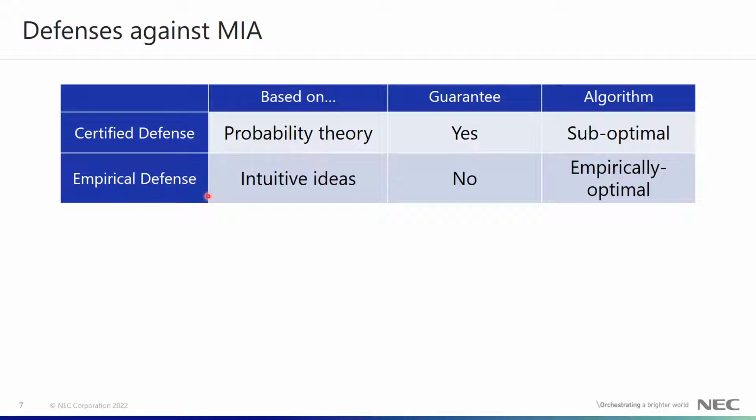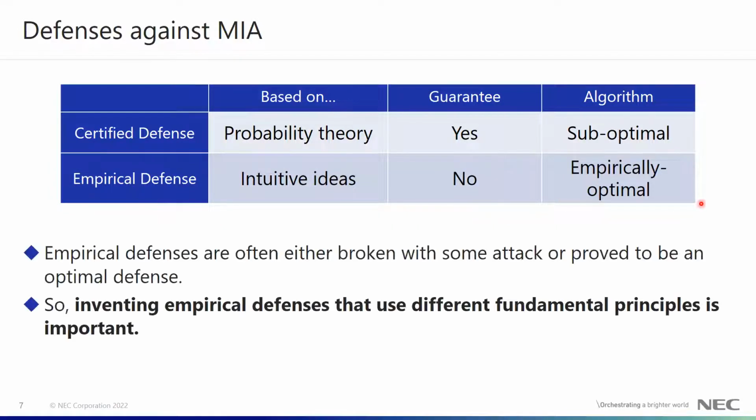Empirical defense: their algorithms have no guarantee, but are not bad if designed properly. Empirical defenses are often either broken with some attack or proved to be an optimal defense in the future. So, inventing empirical defenses that use different fundamental principles is important.